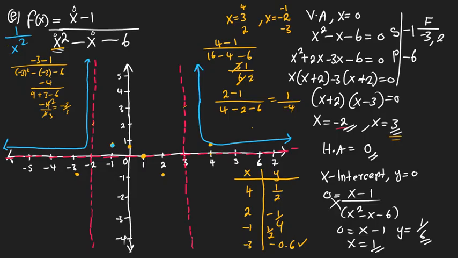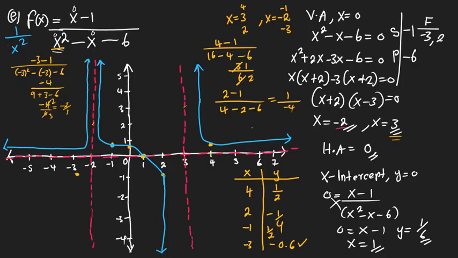Then you had a point here, a point there, a point there, a point there. So your graph for this one will come out like this. Okay, simple.